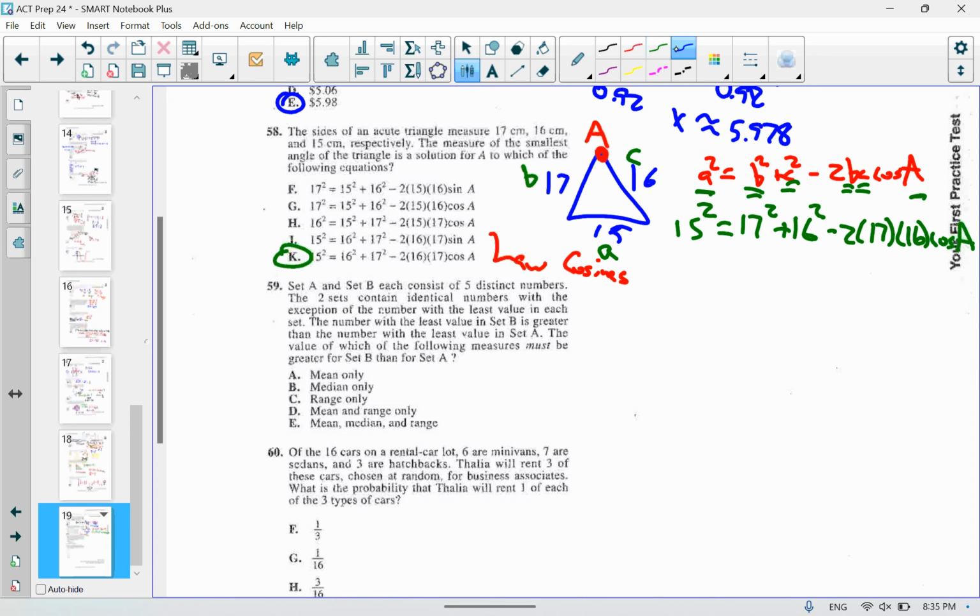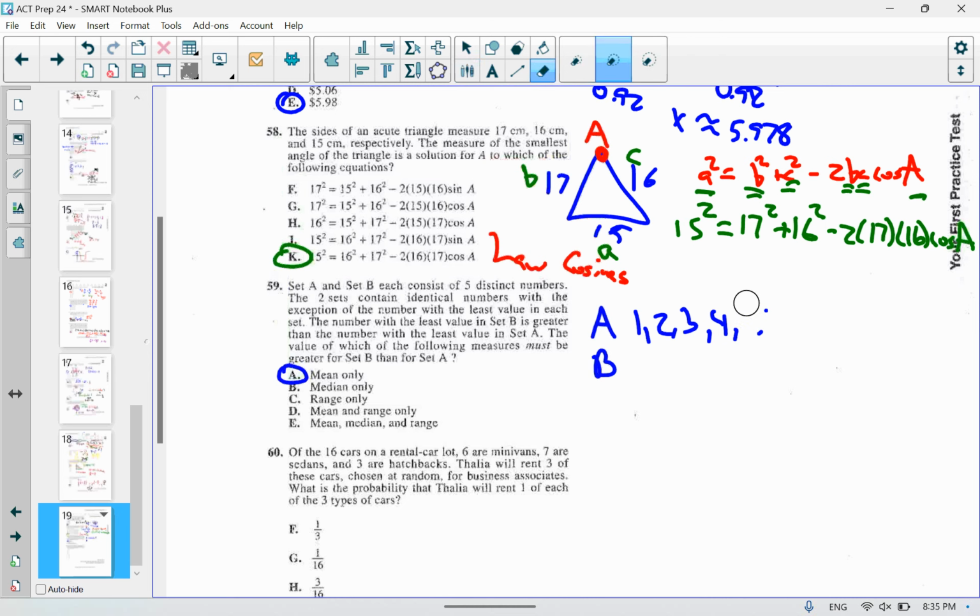This one is kind of trying to trick you. The answer is the mean only. So let's think about it this way. Let's say set A is 5 numbers, 1, 3, 4, 5, 6.